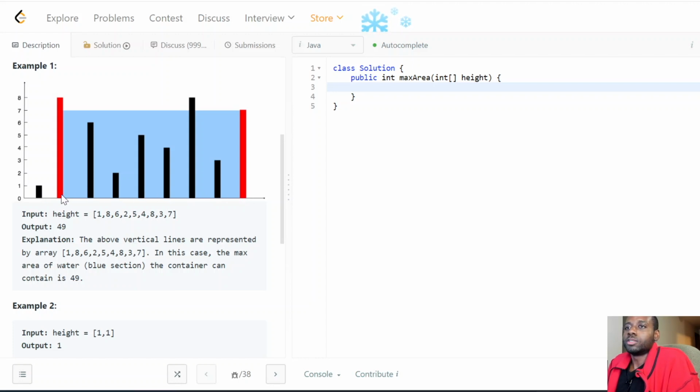We should move whichever one's the shortest one, because we want to get the maximum height, guys.